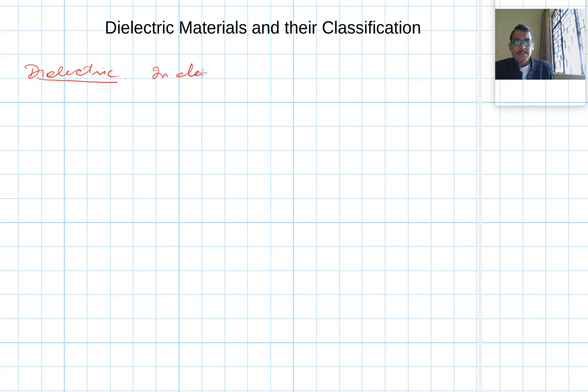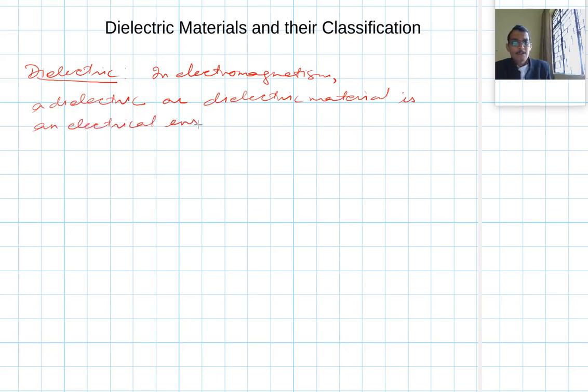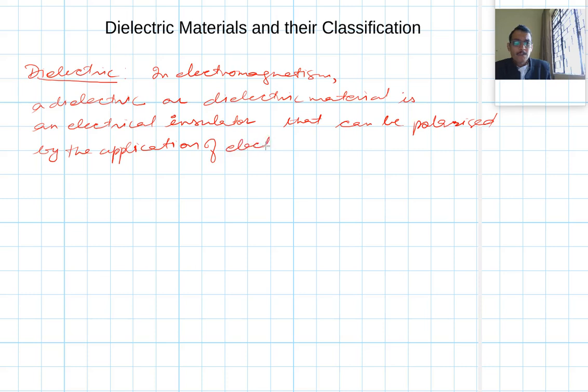In electromagnetism, a dielectric or dielectric material is an electrical insulator that can be polarized by the application of an electric field.